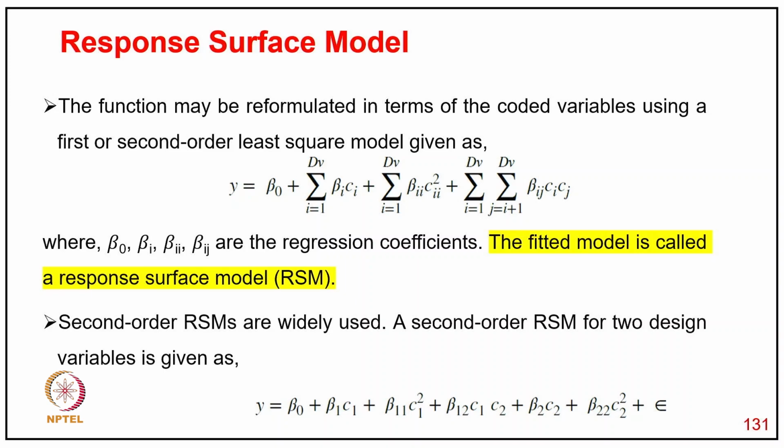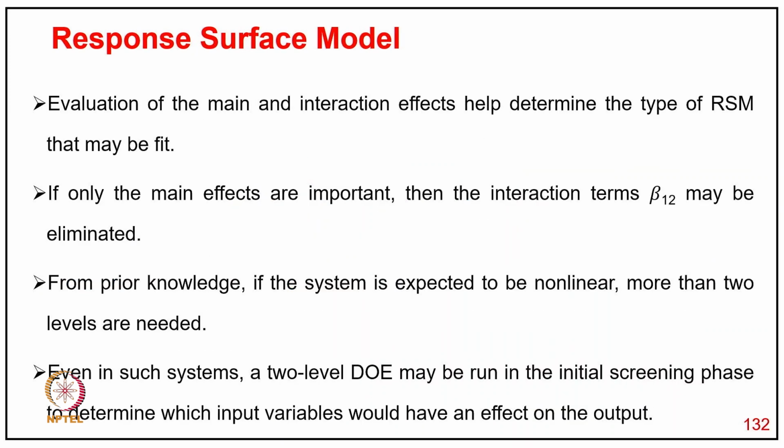A second order RSM for two design variables is given here, like y equal to b0 plus b1 c1 plus b11 c1 square plus b12 c1 c2 plus b2 c2 plus b22 c2 square plus epsilon.